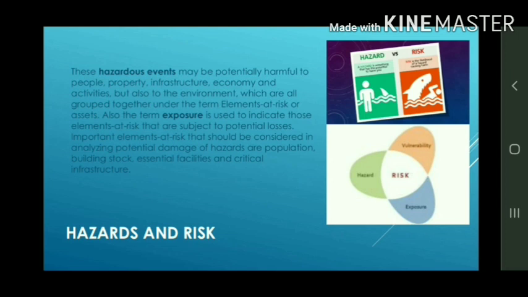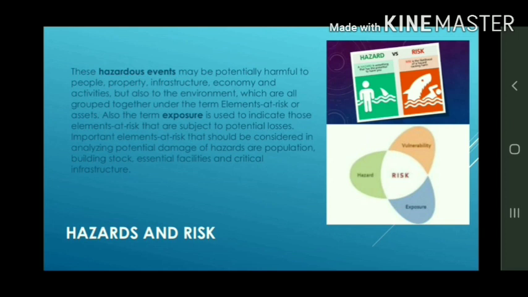Important elements at risk that should be considered in analyzing potential damage of hazards are population, building stock, essential facilities, and critical infrastructure. So this explains that assets or elements at risk is a generic term that signifies everything that might be exposed to hazards, ranging from buildings to the economy and from individual persons to communities. It is because of the interference with things we care about that we consider hazards as problems.